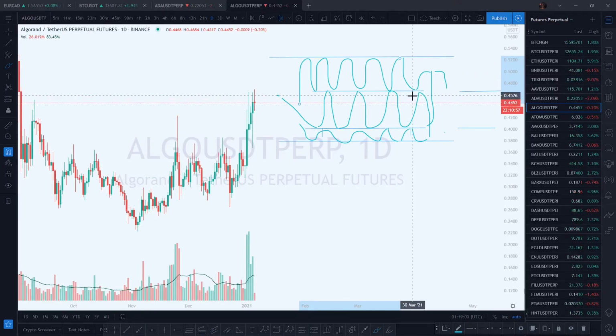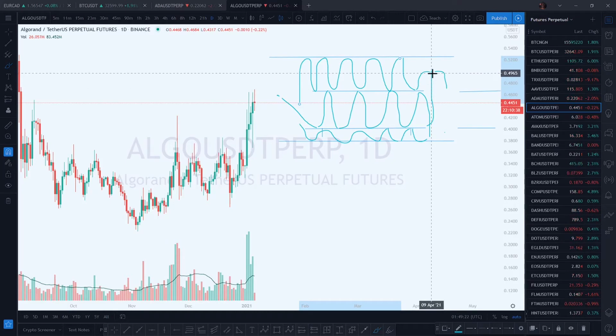And not every resistance, like we have the resistance here when the ball was under the upper table, not every resistance will turn to support. In the case the ball just comes back inside of the table, it can just come back.